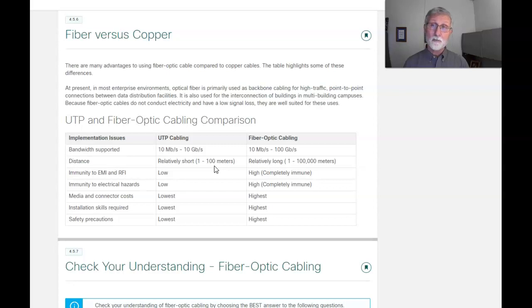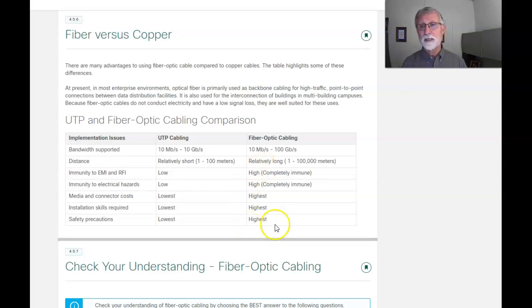That may mean I need switches on each floor to make sure I can handle everything, but that's a small price to pay. Now you see some buildings will actually run fiber between floors, because I've got the bandwidth to handle the data and the speed, and because it's going between one floor and another, they're well protected.